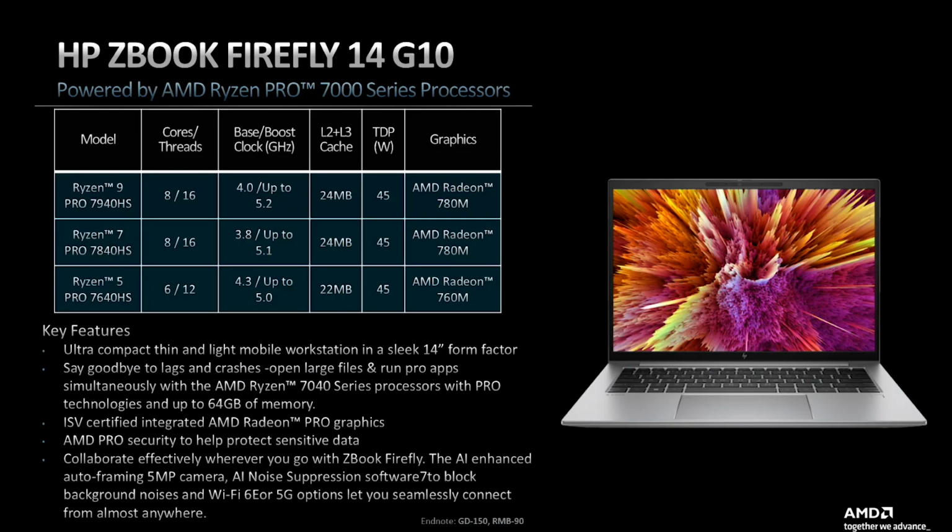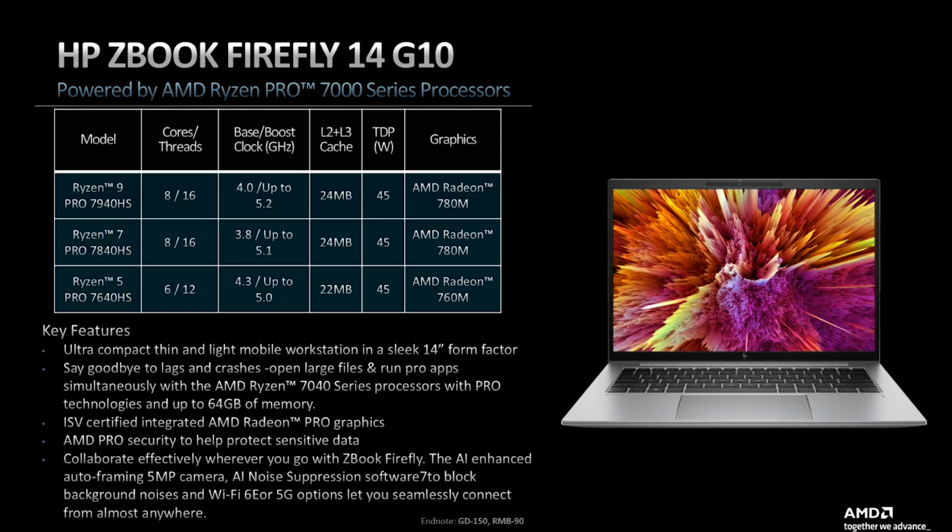All right, so on the ZBook Firefly 14 G10, you can see the key features that you get going with this, and these are the processors that are plugged into these mobile workstations. Basically, not the Threadripper, but it is a Ryzen Pro processor. You get three flavors: Ryzen 5 Pro, Ryzen 7 Pro, Ryzen 9 Pro.